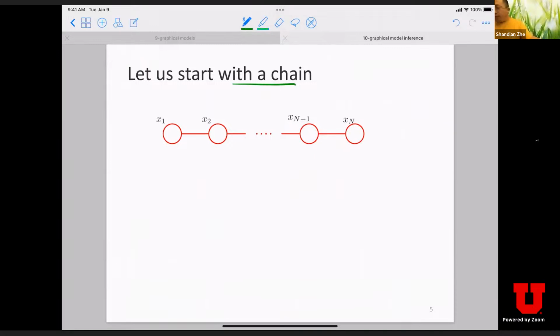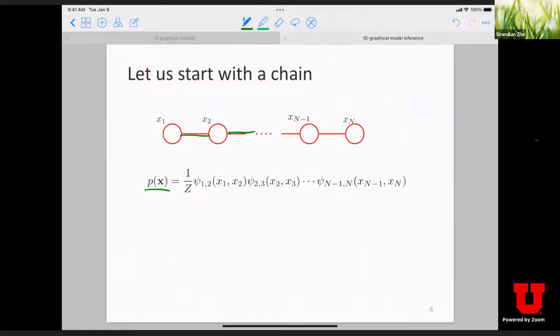Here we just remove the directionality, to talk about the general case. My joint probability according to the graph structure is defined as follows. Each maximal clique is just an edge connecting two successive nodes. So we define a potential function over x1, x2, then x2, x3, until xn minus 1, xn.